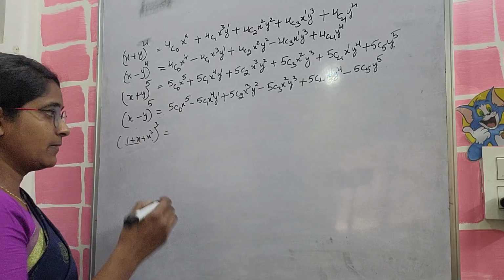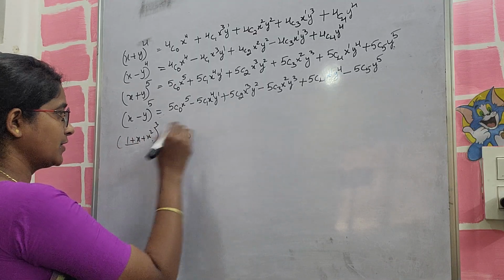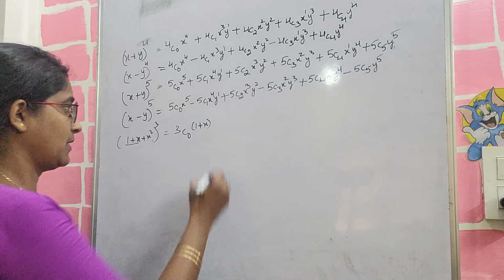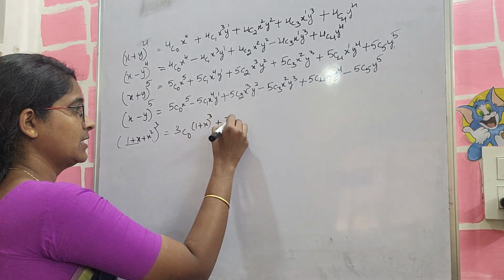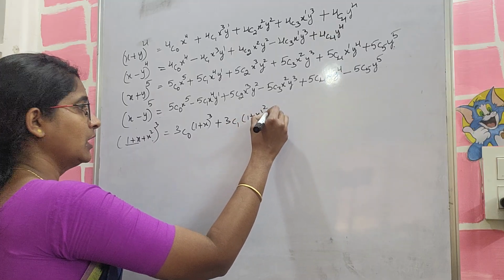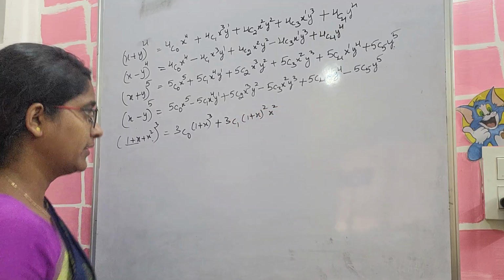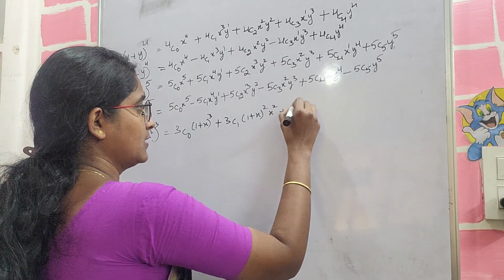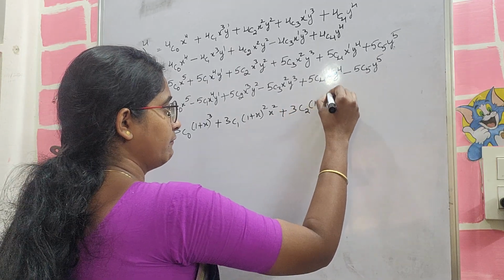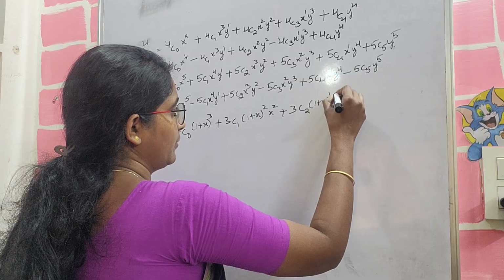So the same way, 3c0, first is what, 1 plus x power of 3, then plus 3c1 1 plus x power of 2 and x square, right? Then plus 3c2 1 plus x power of 1 and y power of y.